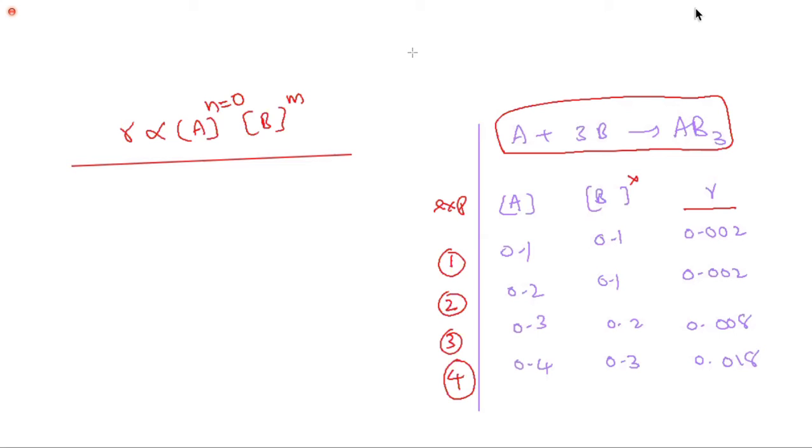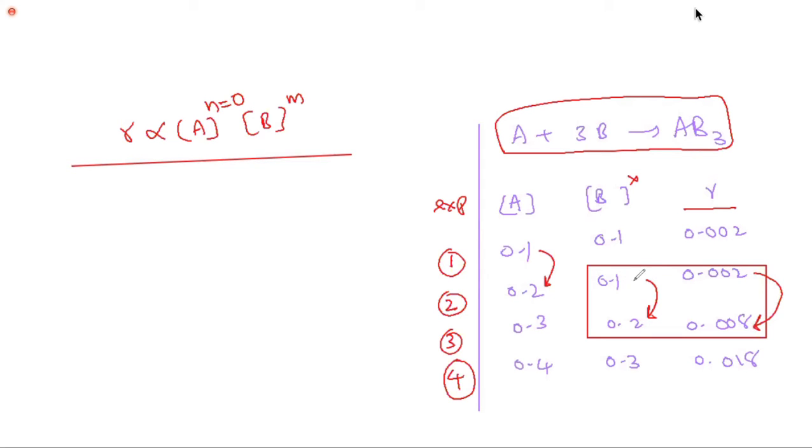What is the concentration of B? 0.1. In experiment 3, if I make the concentration of B double, like in the earlier case we did 0.1 to 0.2, here also we are doubling. Then the rate is changing. See, correct? Yes, sir.